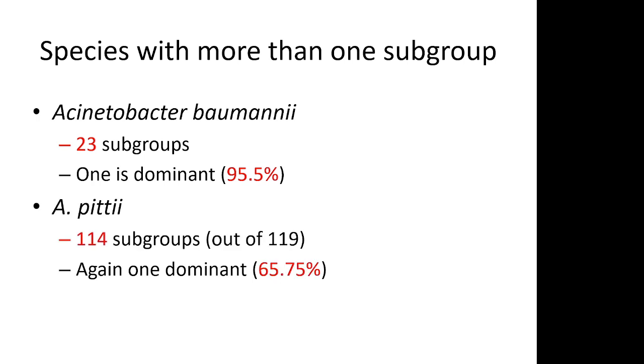Another one is Acinetobacter pittii. It has 114 subgroups out of 119, which means that we detected 114. And again, there's one which is dominant with nearly 66%.